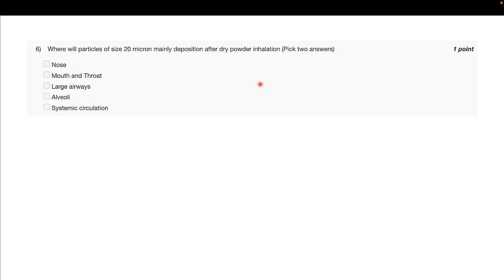Alveolar and systemic circulation. Okay, we have one response. Anybody else want to try? Thank you for answering. Options 4 and 5. Sorry? Option 4 and 5, 1, 2, 3. Okay, the same, alveolar and systemic circulation.